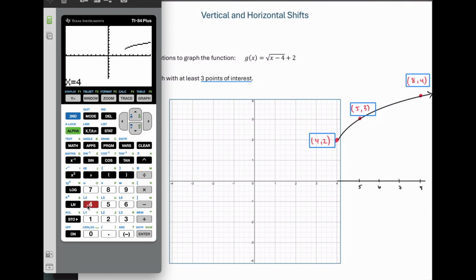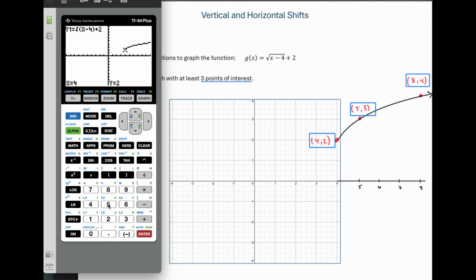We simply hit 4, hit enter, and then the calculator tells us what the corresponding y value is on this function when x is equal to 4. So we have (4, 2). It's also in the right spot, which tells us that our first point of interest is correct. From here, we're already in the second calculate feature, so we don't have to exit and come back.